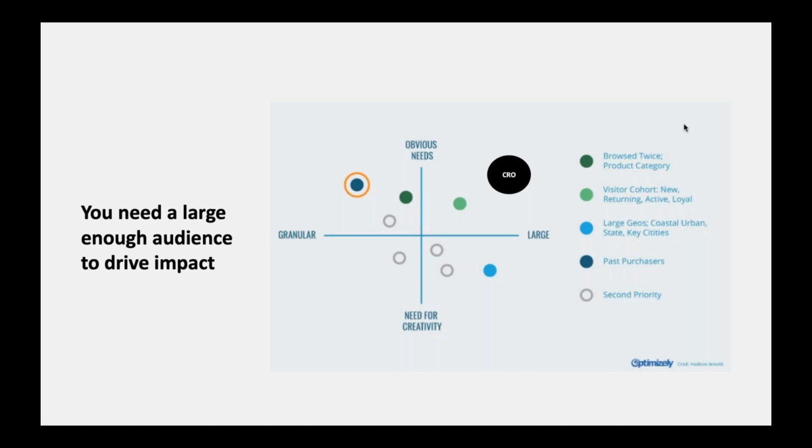Again, just to reiterate what I said before, we do need a large enough audience to drive impact. Again, this is why your analytics is your source of truth in identifying whether a customer segment that you wish to target is of sufficient number to justify your efforts within building out this POC.